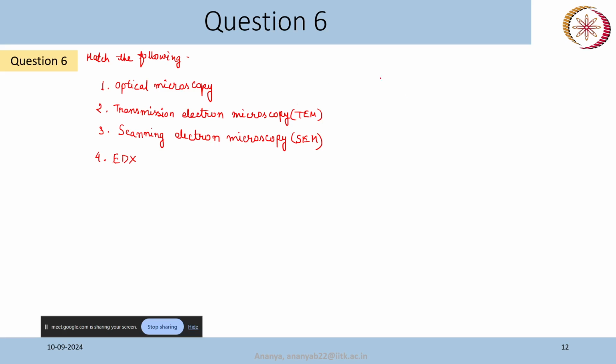On this side we have, first, X-ray detector.